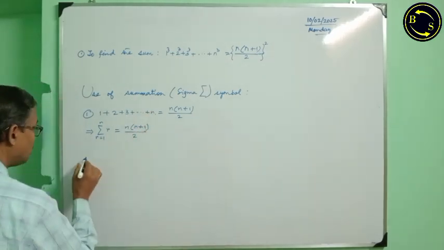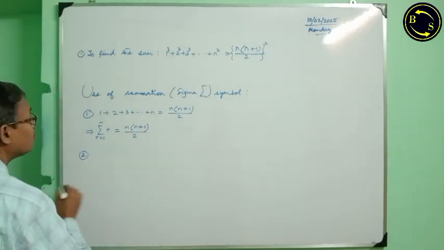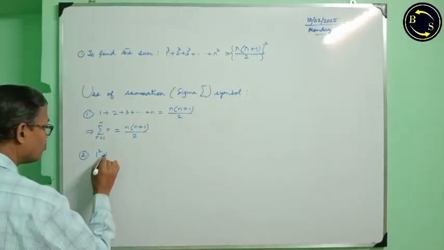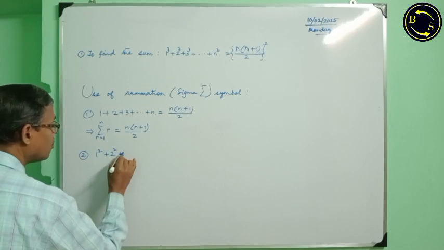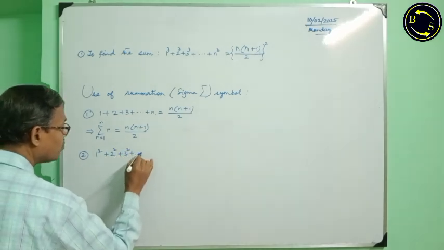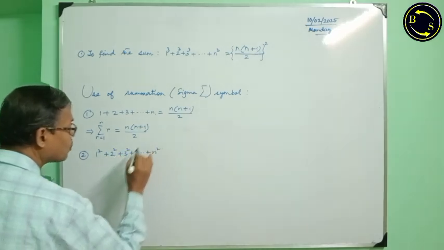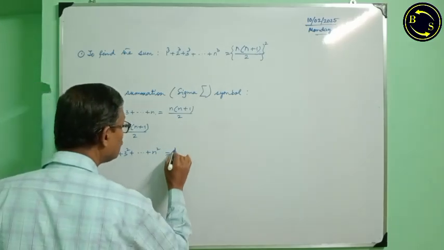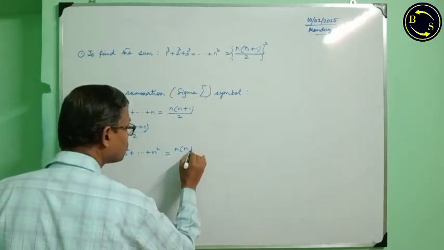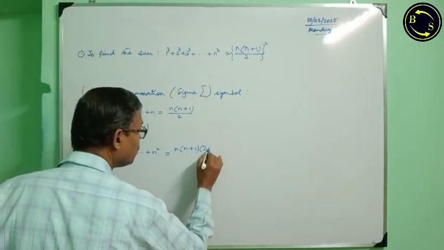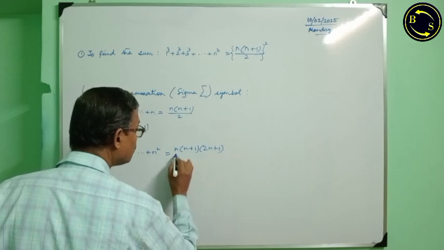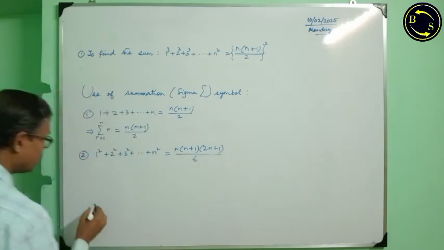Next we have learned 1 square plus 2 square plus 3 square plus dot dot dot plus n square is equal to n into n plus 1 into 2n plus 1 whole by 6.